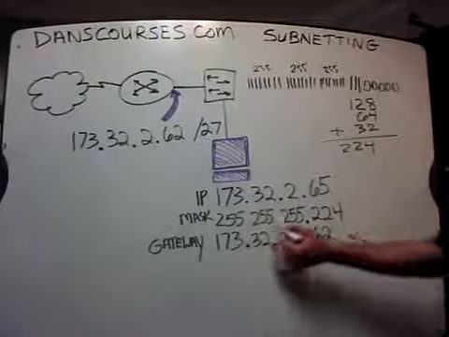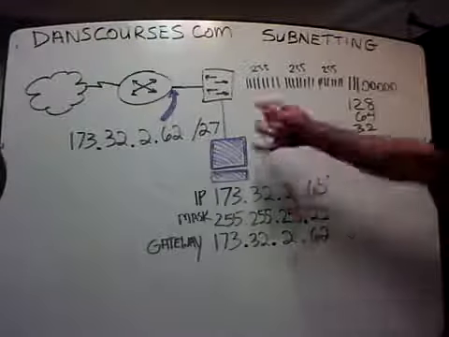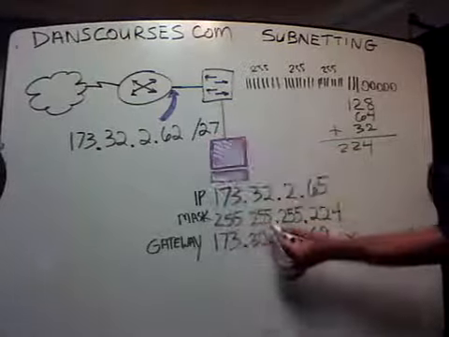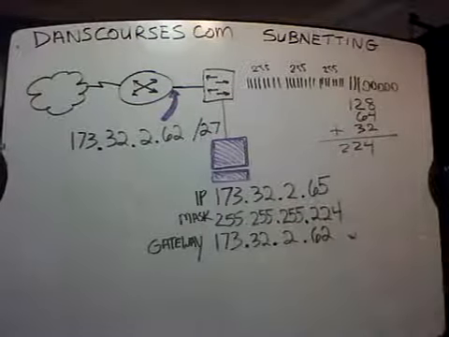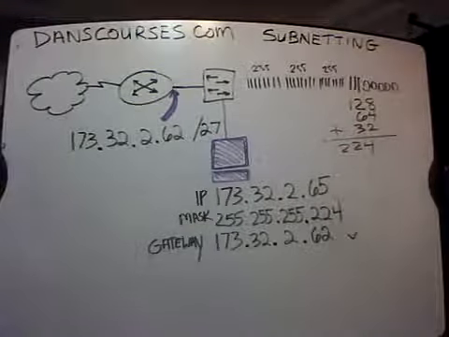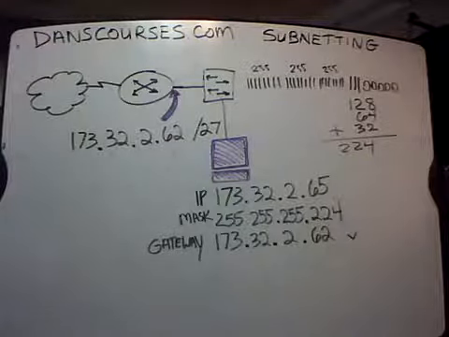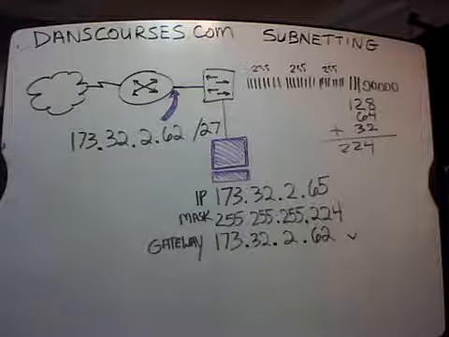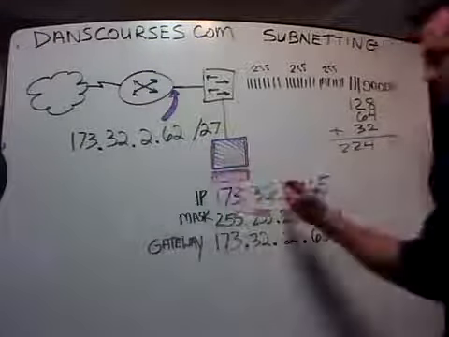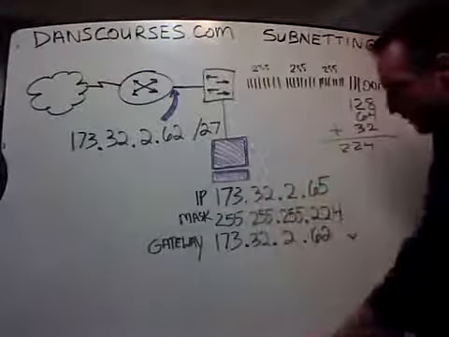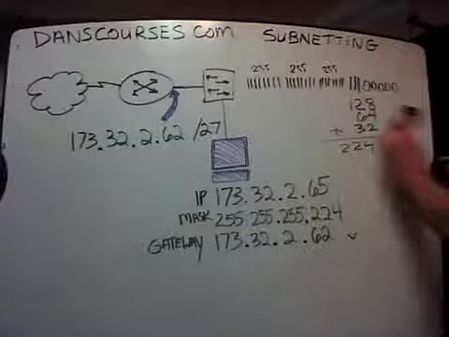So the subnet mask is correct. /27 is 255.255.255.224. So far, we don't have a problem. So the problem in this network has to do with the IP addresses between the computer and the router, and I'll show you how we solve that.